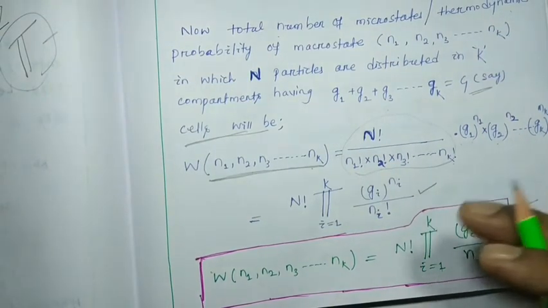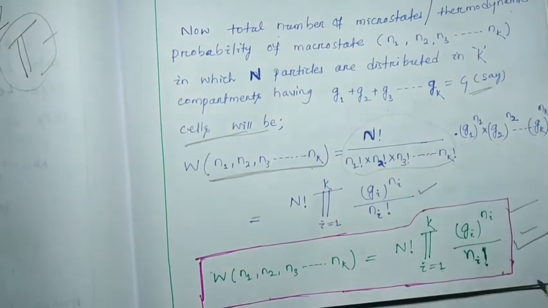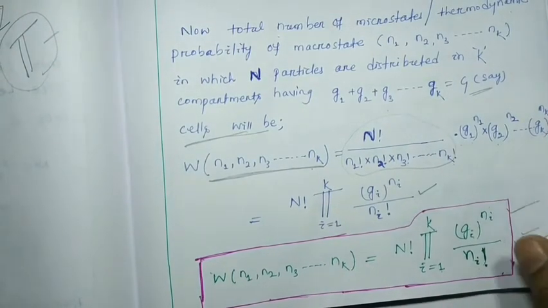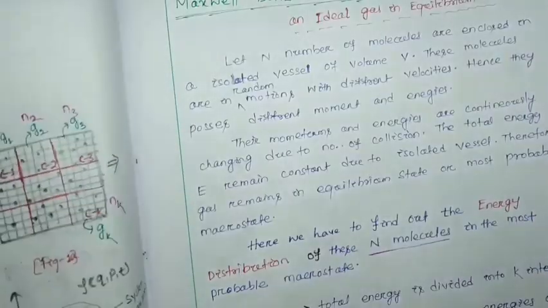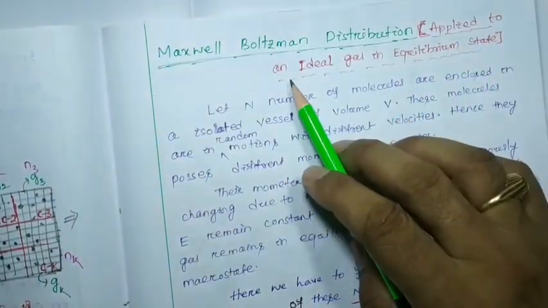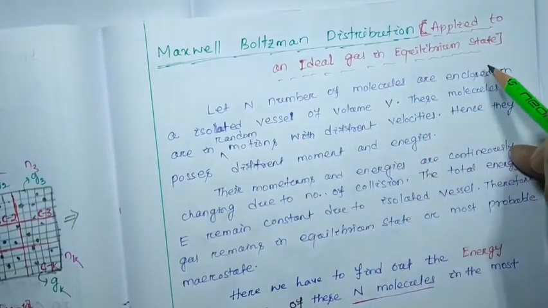So now we have to start the Maxwell-Boltzmann distribution applied to an ideal gas in equilibrium state.